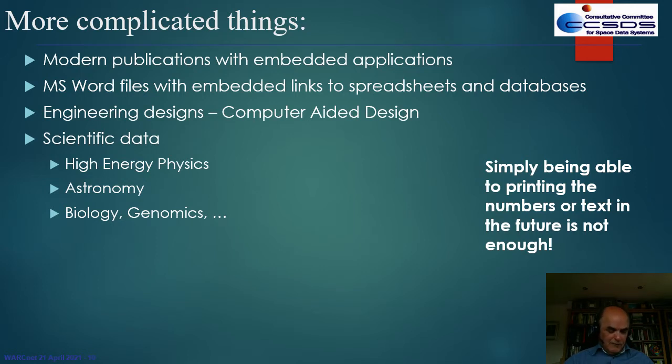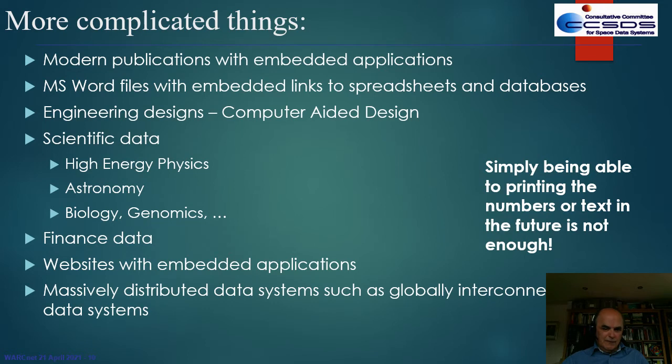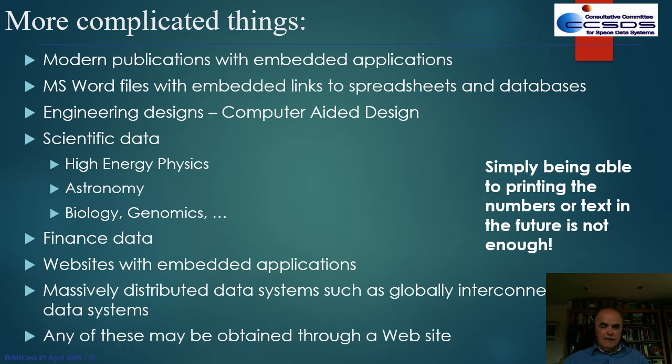And now, of course, the printed CERN data could be used to decorate a wall, but that's not its normal use. So normally, simply being able to print numbers or text of, for example, scientific data is not enough. And we'll come to what that means shortly. Some more things, in particular websites. And of course, any of these things can be obtained through a website.